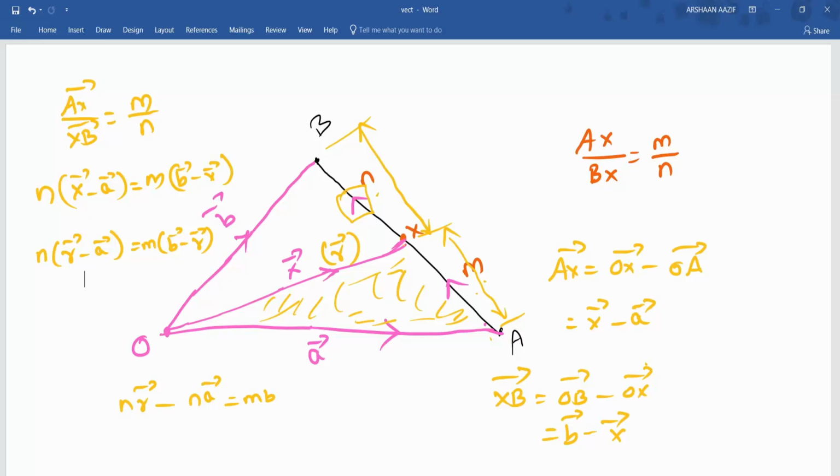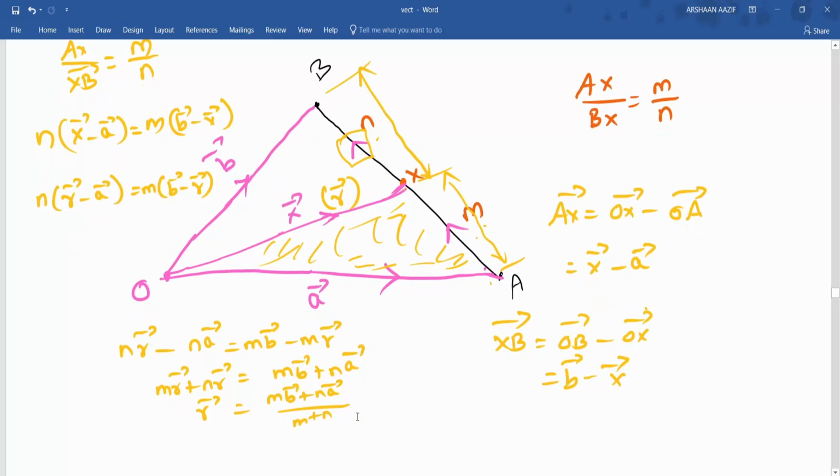So n r vector minus n a vector is equal to m b vector minus m r vector. Rearranging this, m r vector plus n r vector is equal to m b vector plus n a vector. Taking r commonly out, r vector is equal to m b vector plus n a vector divided by m plus n, where m and n are the ratio.